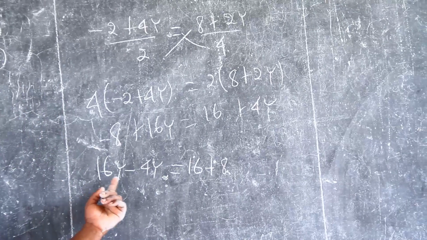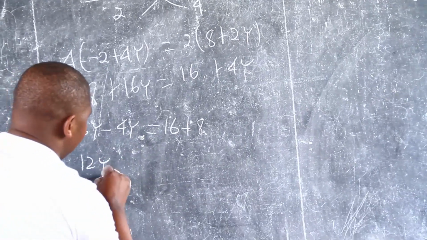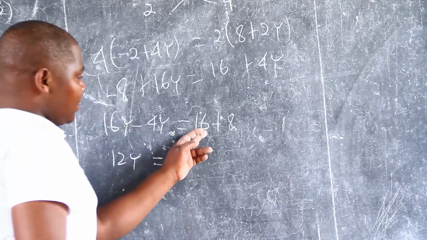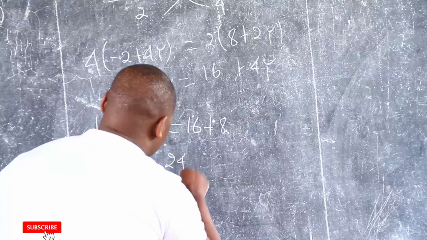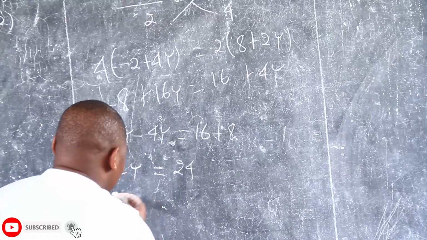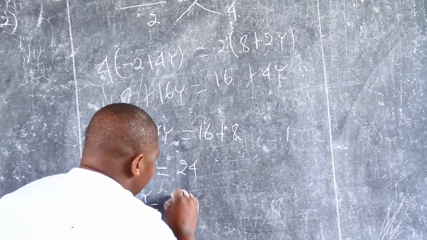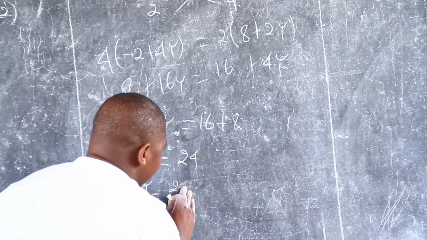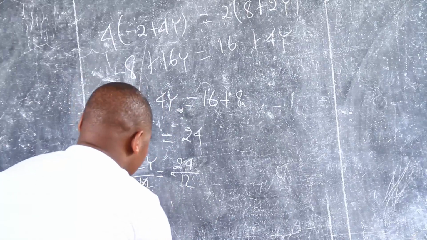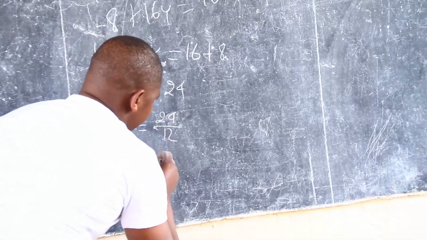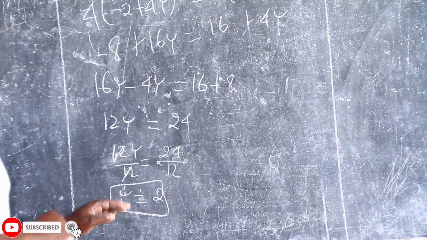Then 16y minus 4y, I remain 12y. Then 16 plus 8, I remain 24. Then 12y over 12 will be equal to 24 over 12. Then I simply find y will be equal to 2. This is the value of y.